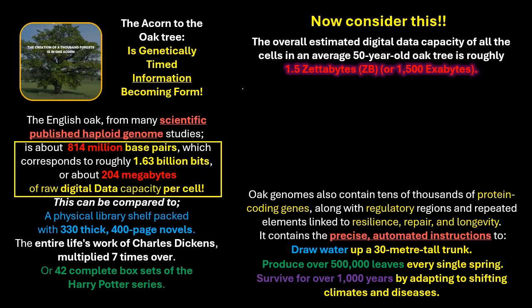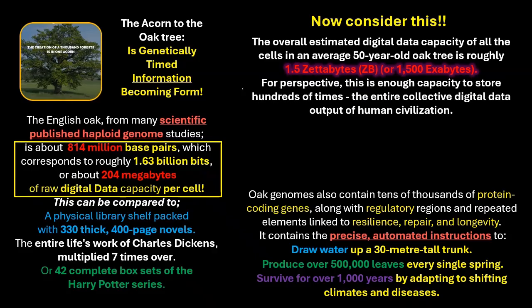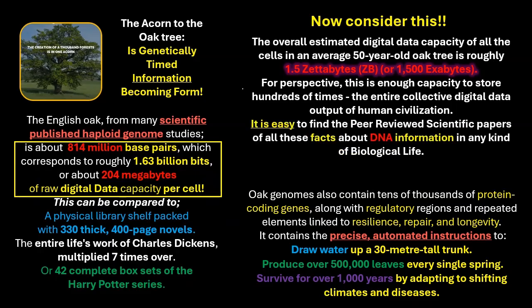The overall estimated digital data capacity of all the cells in an average 50-year-old oak tree is roughly 1.5 zettabytes of information, or 1,500 exabytes. For perspective, this is enough capacity to store hundreds of times the entire collection of digital data output of human civilization.